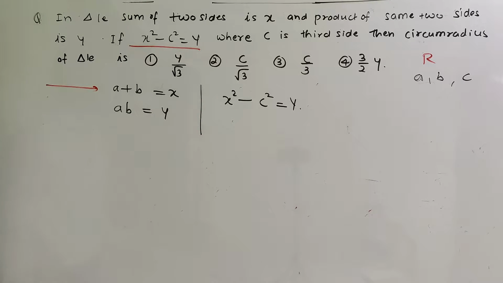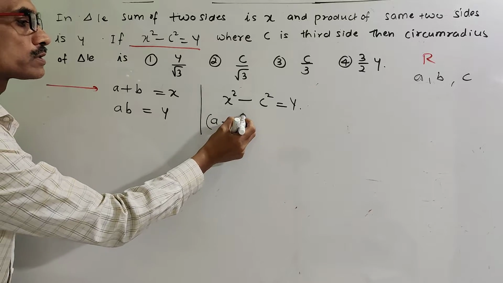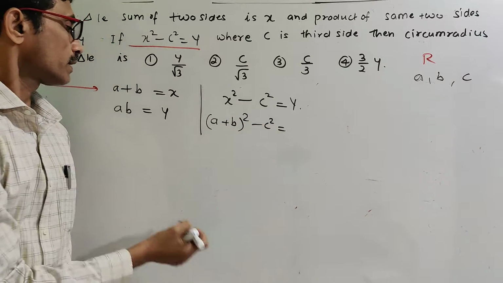So we substitute x and y: (a + b)² - c² = y.